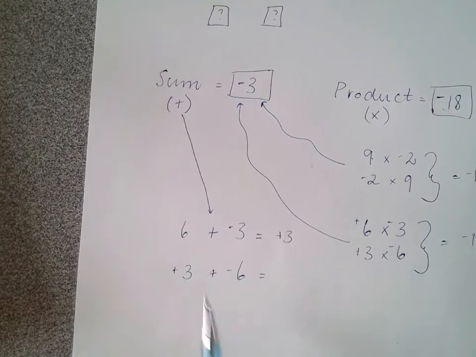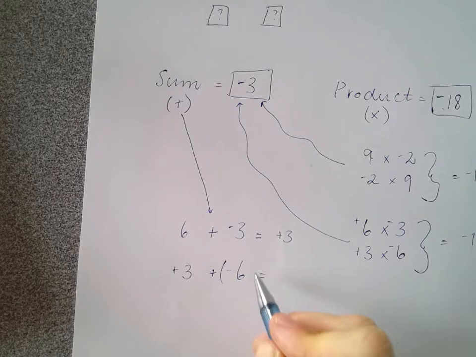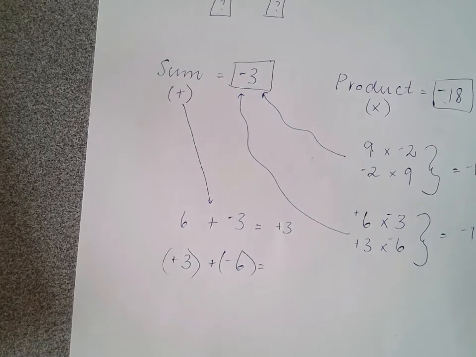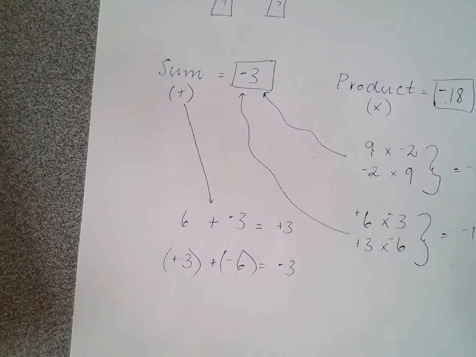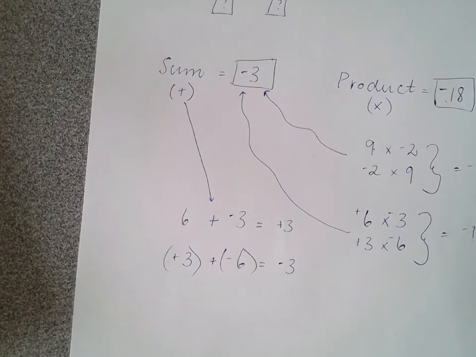What is positive 3 plus negative 6? Positive 3 plus negative 6 gets us to our negative 3. Hooray!